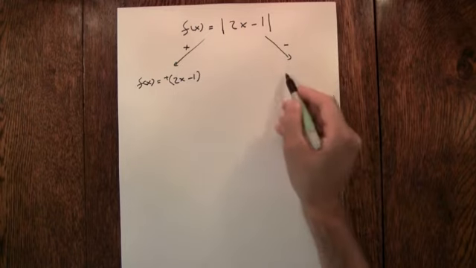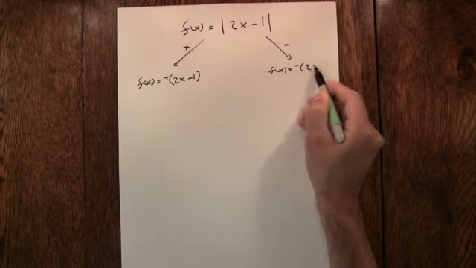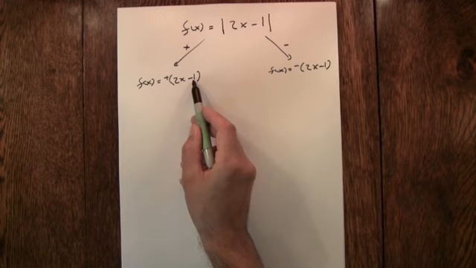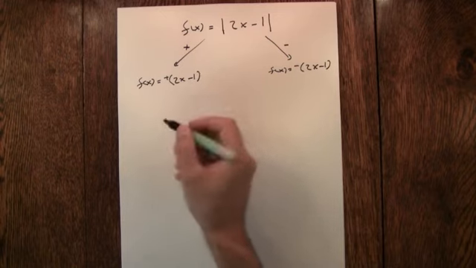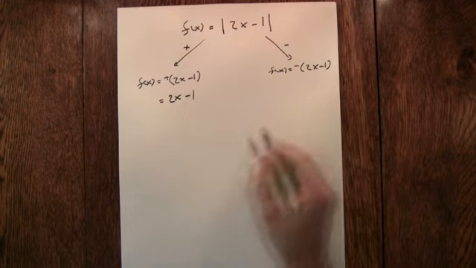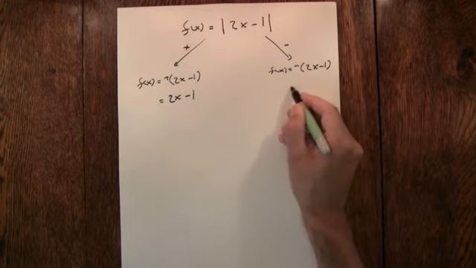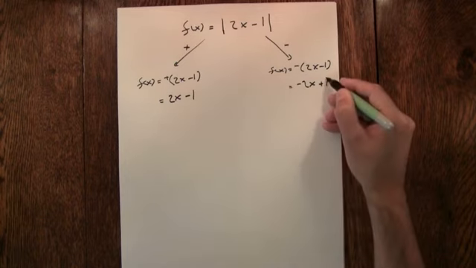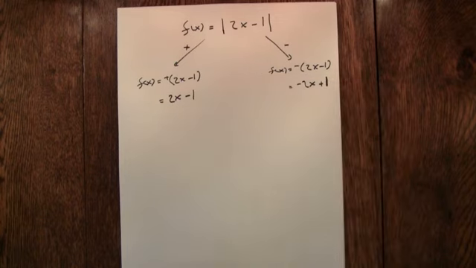And when it's negative, this becomes f of x equals negative of 2x minus 1. When we apply the positive, nothing changes, so this becomes 2x minus 1. When we apply the negative, this becomes negative 2x plus 1.